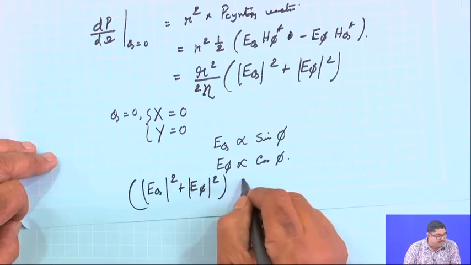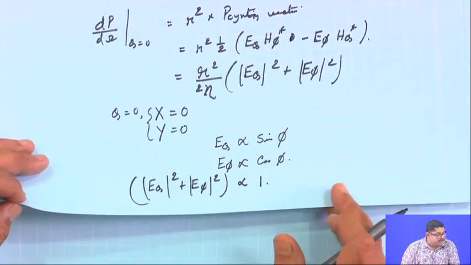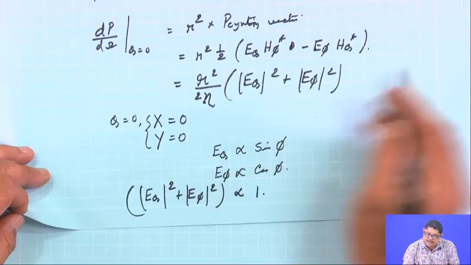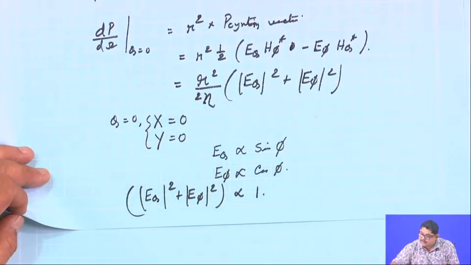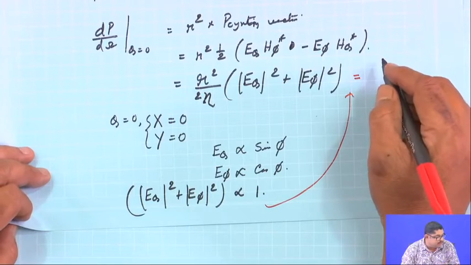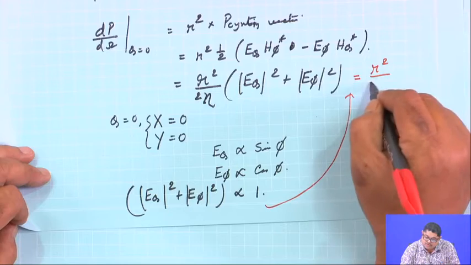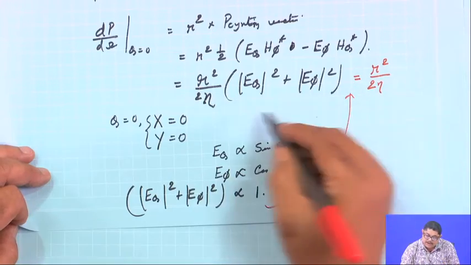This thing will be proportional to 1. That means no phi variation. Okay. So, then you can put it here. I am again putting this value, so it becomes r square by 2 eta into E theta.